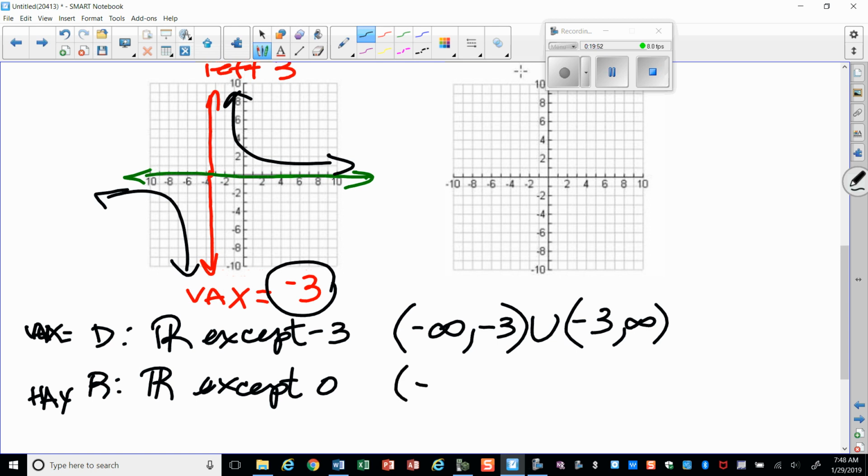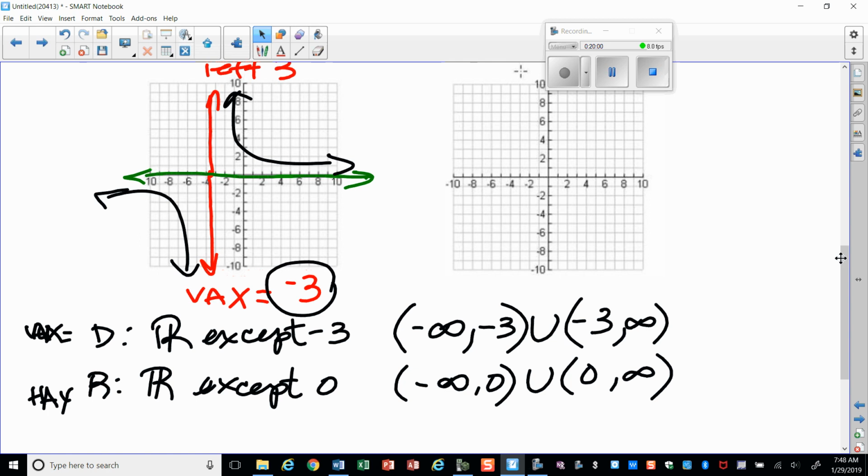I'll write this as -infinity to 0, and then picking up at 0 and going to positive infinity. So if you change your vertical asymptotes, then you change the domain. If you change your horizontal asymptotes, you change the range. All right, so go ahead and do the rest of the page.